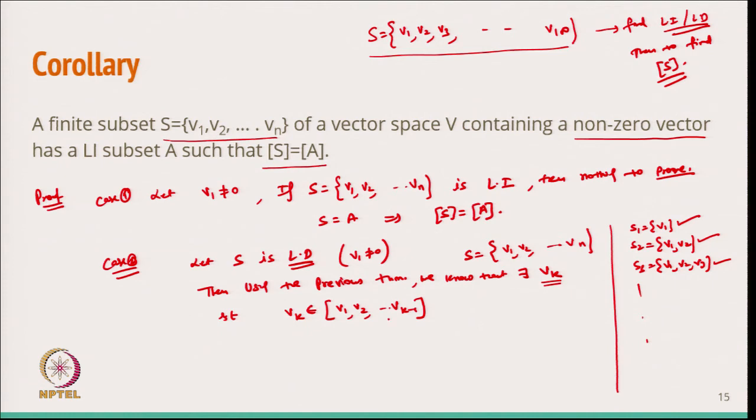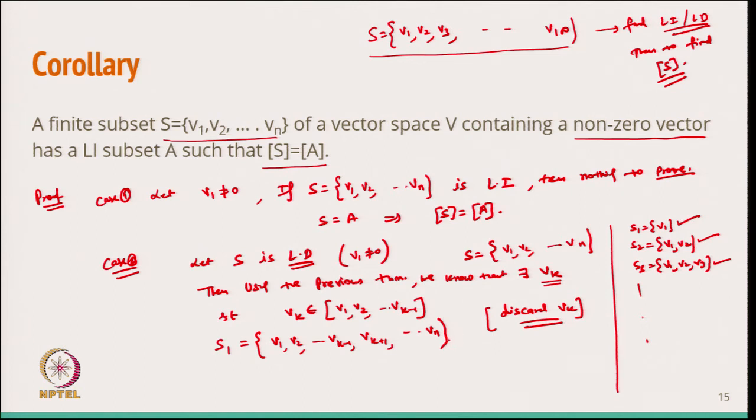So from here we can say that, then we can write a subset, maybe S1, that we can write as V1, V2, up to Vk minus 1, Vk plus 1, up to Vn. So we have discarded Vk, and then we are left with this one.